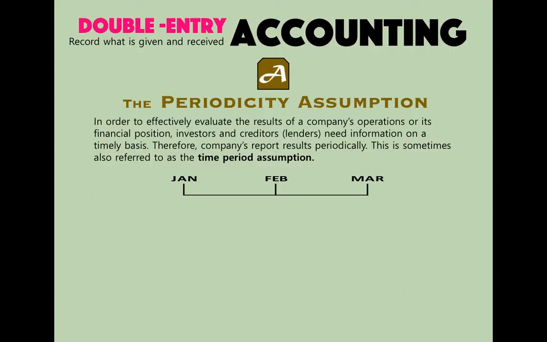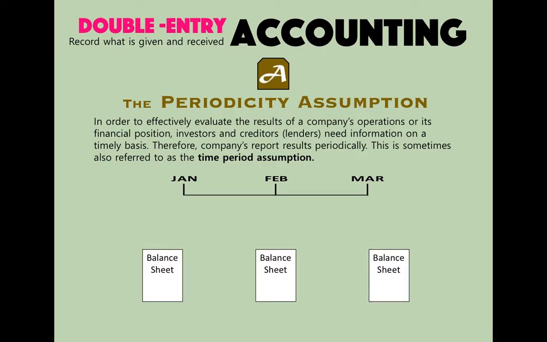We look at the periodicity assumption here quickly because it's going to help us understand a little bit about the financial statements that we haven't quite nailed down yet. At the end of January, we're going to have a balance sheet prepared. At the end of February, we're going to have a balance sheet. At the end of March, we're going to have a balance sheet, and so on and so on.